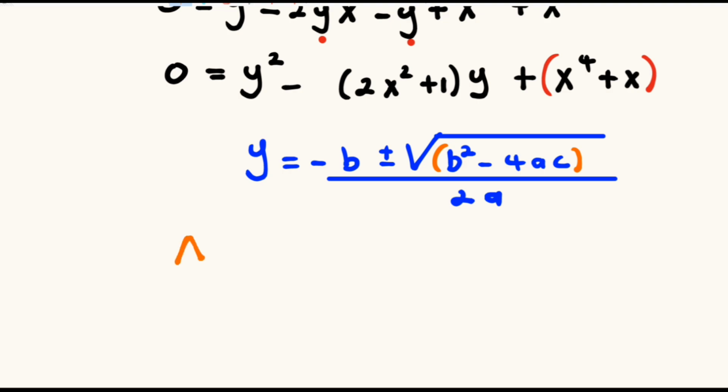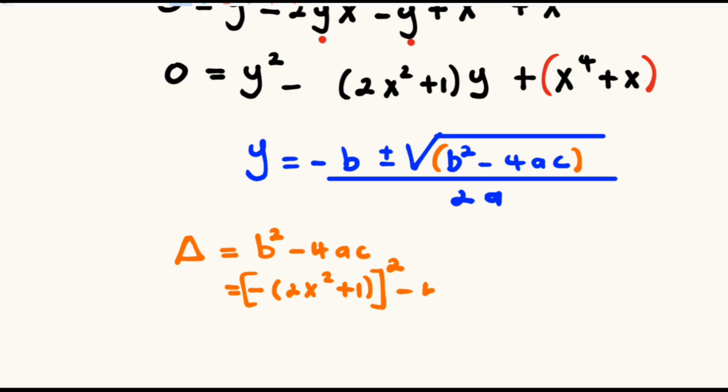So the discriminant, the term inside the square root, the b squared minus 4ac will be equal to our b of this quadratic equation in y will be negative into the 2x squared plus 1, and this whole is raised to the power 2 minus 4a.